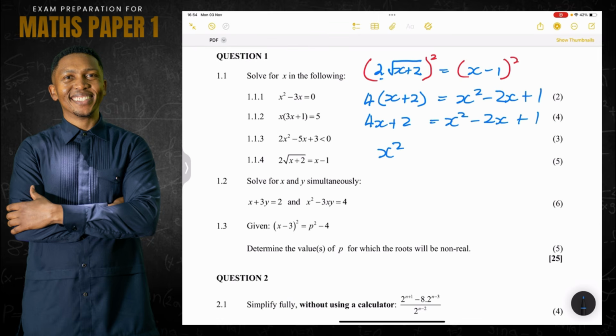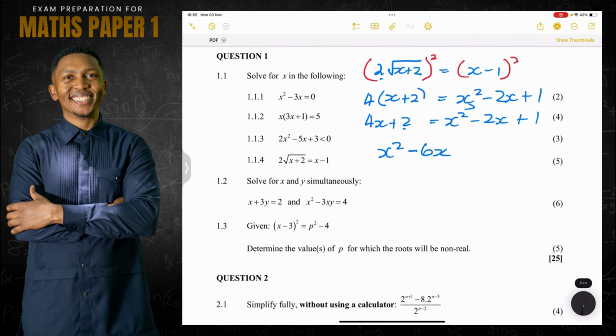And in this case, if we're going to solve for this, that's going to be minus 4x to the other side. In fact, sorry, I made a mistake there.